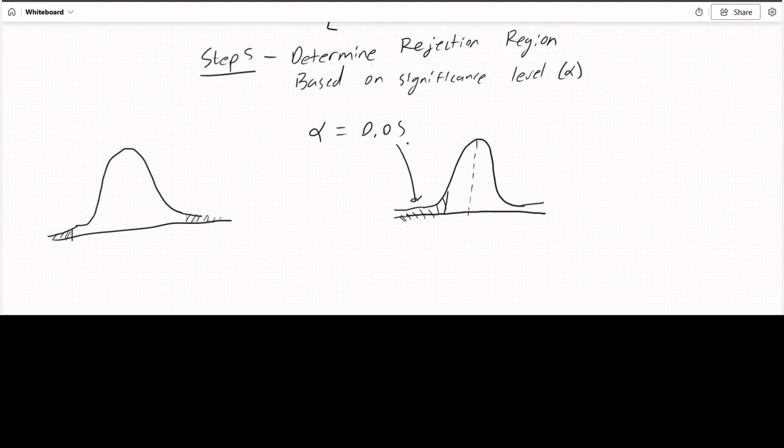Our test could theoretically come up with the extremeness of our value, our t-score, to be right here. Okay, and so this could be theoretically the t-score we just calculated in the last step. And it's not extreme enough to be in our rejection region, the region where it's essentially testing if it's so extreme that we can reject the null hypothesis in favor of the alternative hypothesis.